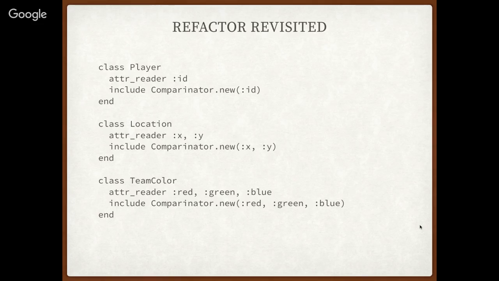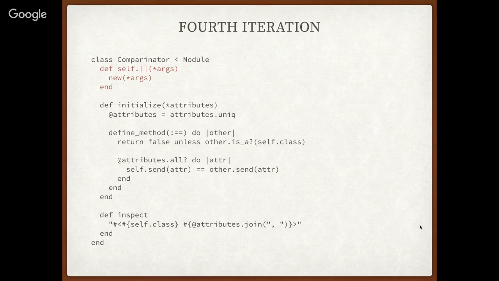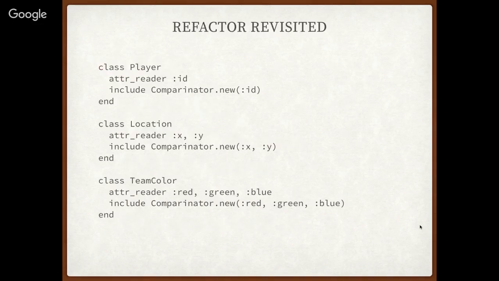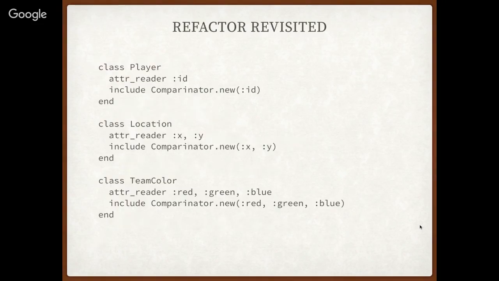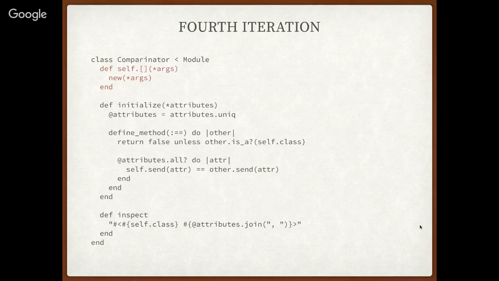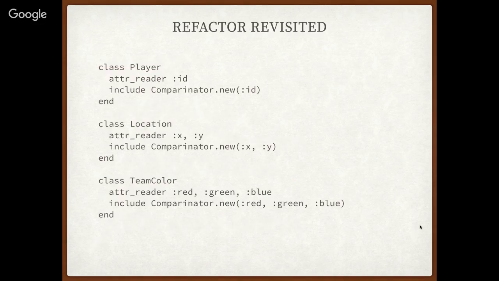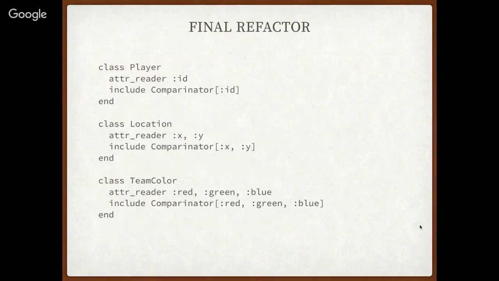Okay, so I can define the bracket operator, which takes args, and I just directly call new with the args. So instead of calling Comparinator.new ID, I can do Comparinator ID.